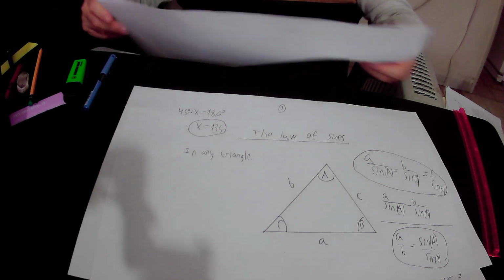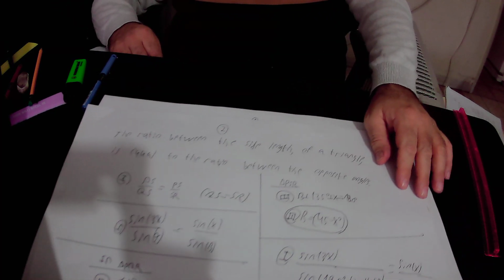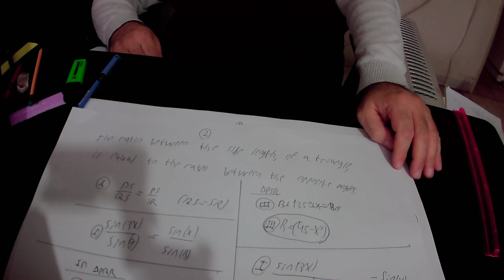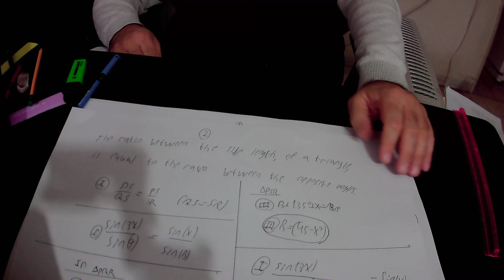The ratio between the side lengths of a triangle is equal to the ratio between the opposite angles. Okay?